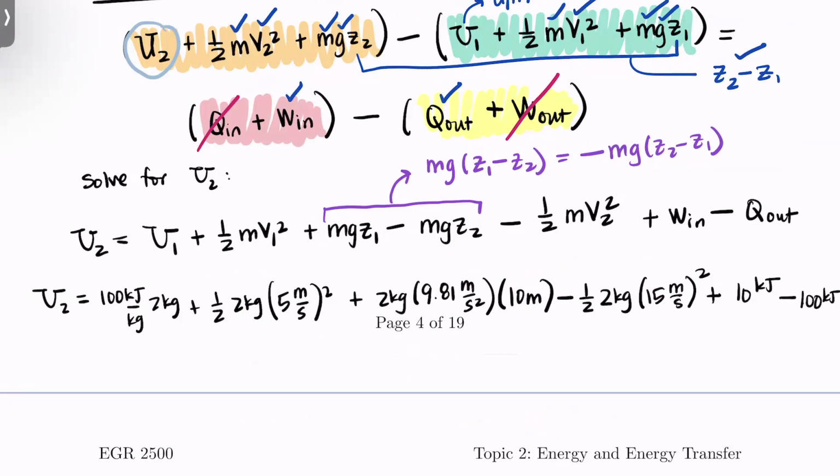Okay, so let's have a look at units before we go wild with adding and summing and multiplying. We have kilojoules for this first term here, so that's good. We have kilojoules here and here. But for these other three terms, if you remember, kilograms meters squared per second squared is joules, right?